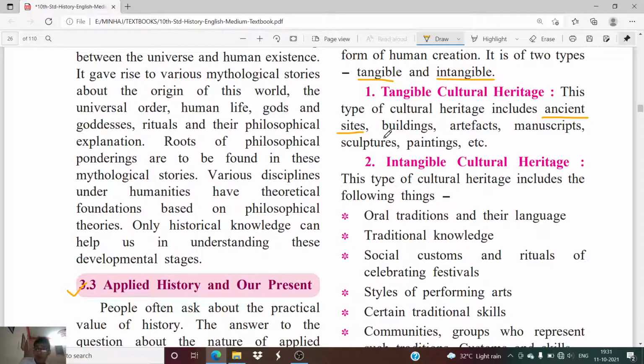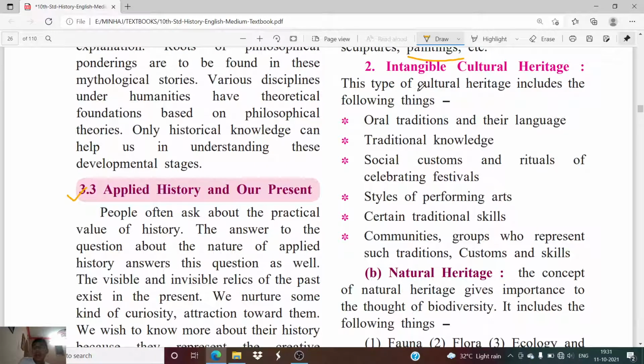Buildings are important, for example Harappan buildings or Qutub Minar, or take the example of Red Fort. Then artifacts, manuscripts, and sculptures are important, and all the paintings, whether cave paintings, paintings done by different personalities, or paintings of kings and queens done by ancient artists. All these are categorized as tangible cultural heritage.